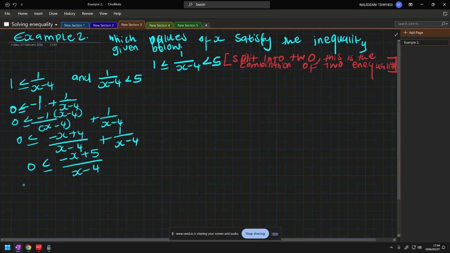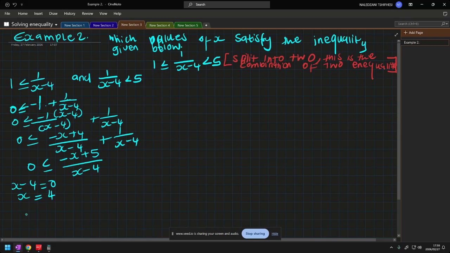And then we're going to have to find critical values, and we're going to equate to 0 and find critical values. x minus 4 is equal to 0, x is equal to 4, right? But x cannot be equal to 4 because it's going to give us no solution, since it's the bottom here.